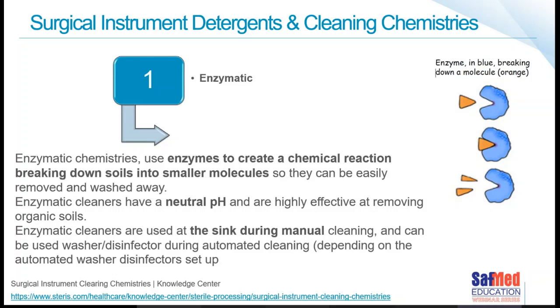Remember that this is important information to think about because we must consider the types of soils our instruments are exposed to. Enzymatic cleaners and detergents are the ones that we use during manual processing, normally at the sink. They can be used in washer disinfectors, but it really depends on how the washer has been set up, its actual wash parameters.